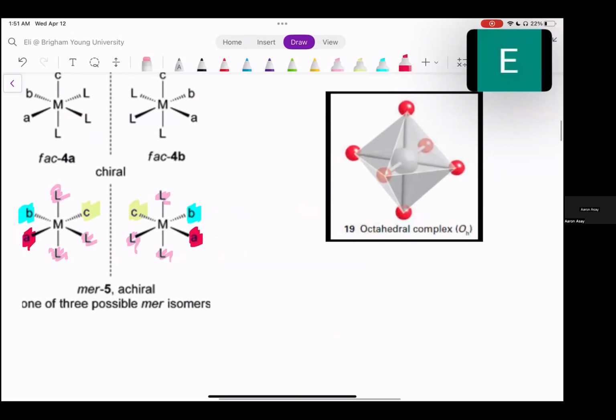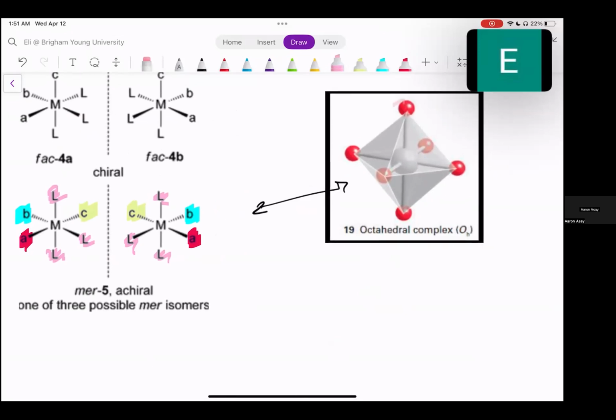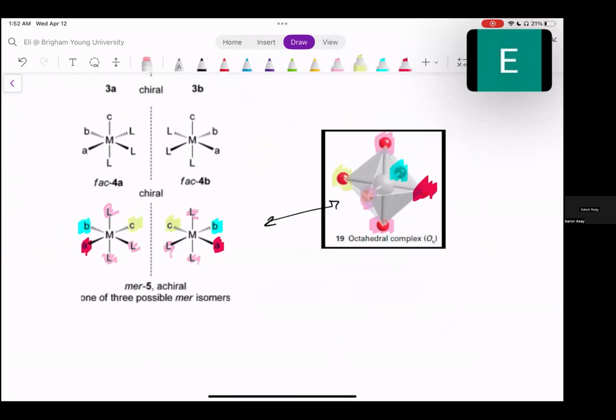So again, I'm going to make these the same one right here. So I have my pink on top, that side coming towards us, and right here on the red, blue, and green. So I'm going to see if I can manipulate this shape in any way in order to get all of these to line up.